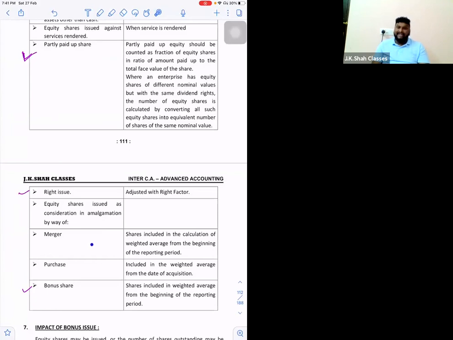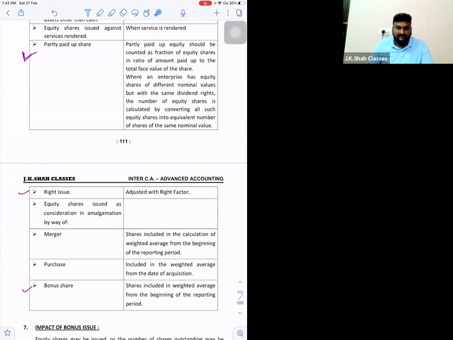If amalgamation takes place, there are two methods: amalgamation by way of merger and amalgamation by way of purchase. Amalgamation by way of merger means the entire company will get merged as it is with the purchasing company. Each and every asset, each and every liability of the selling company will be merged with the buying company.